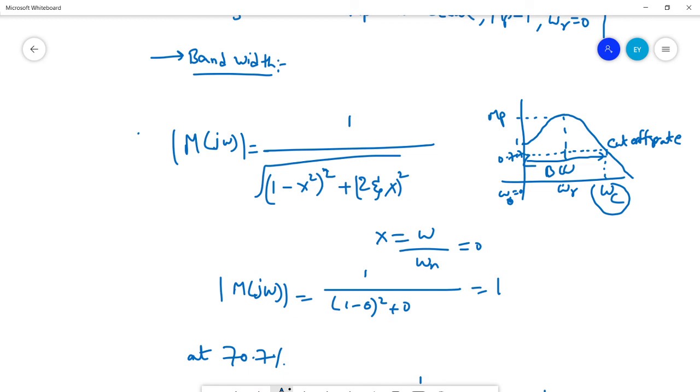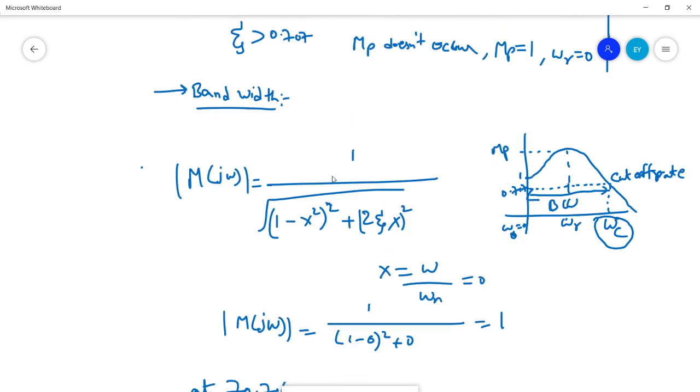And resonant frequency, resonant peak, and bandwidth. When you are computing bandwidth, you can get omega c and cutoff rate, because bandwidth you can compute till omega c, the cutoff frequency. Okay, so these are the frequency domain specifications.